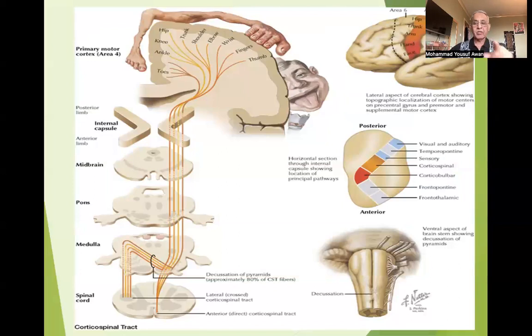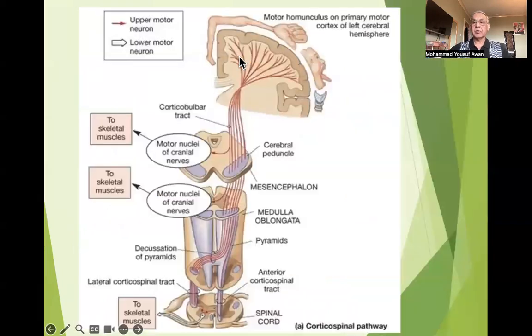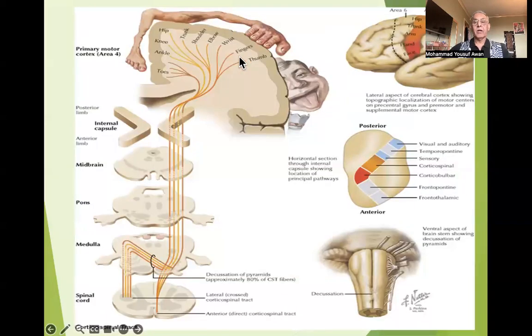So this is how the cerebral cortex works, and how it relays the orders down to the other parts of the nervous system and to the functioning muscles.